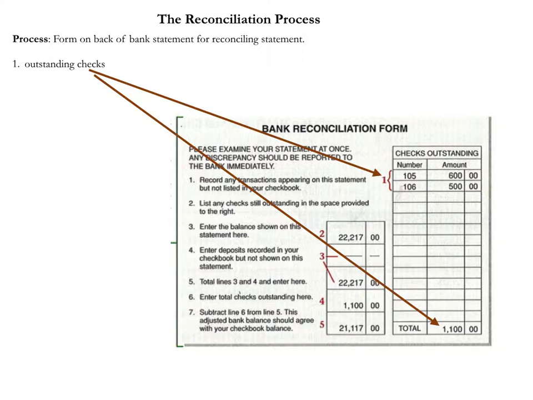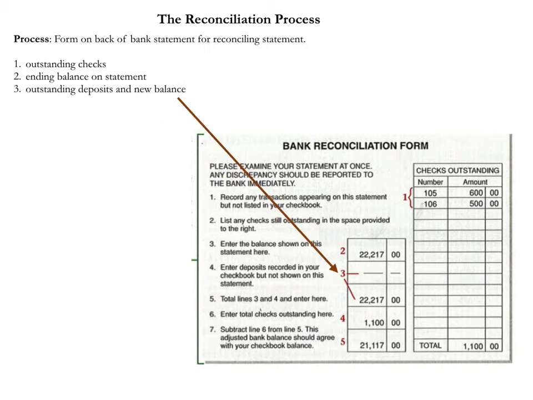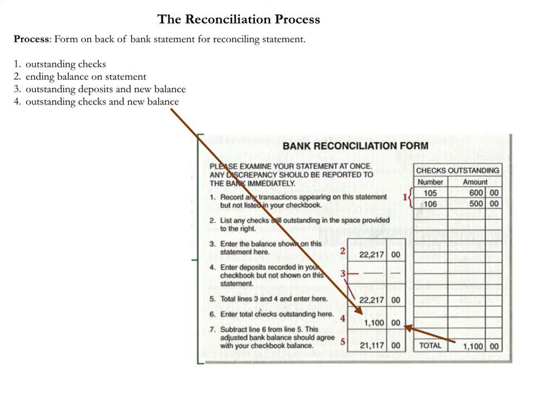So we total them up for a total of $1,100. 2, we look at the ending balance that is shown on the statement, and we write that there. If there are any outstanding deposits, we record them in the next box, and then we give ourselves an updated balance. If there were added deposits, we would add them to the balance shown on the statement. Outstanding checks and new balance.